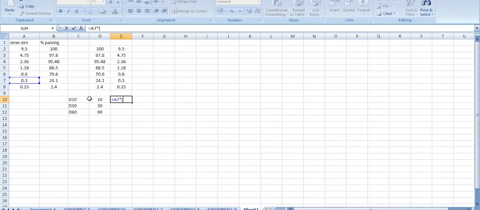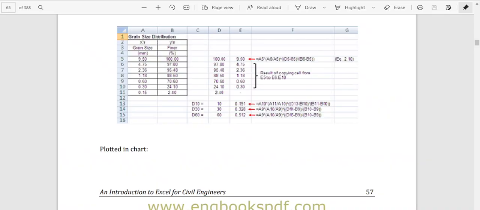Remember the equation, the next thing is yi plus 1 all over yi. So you say yi plus 1, which is this, yi plus 1 all over yi. So let's go back to the equation to be sure we got the value.